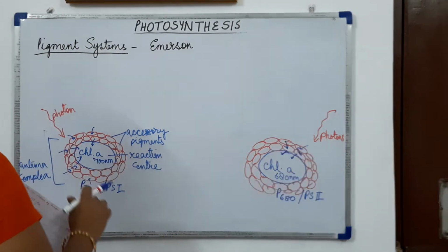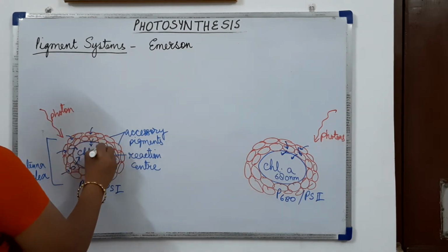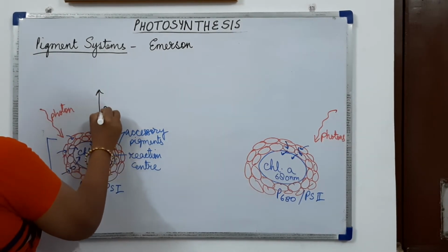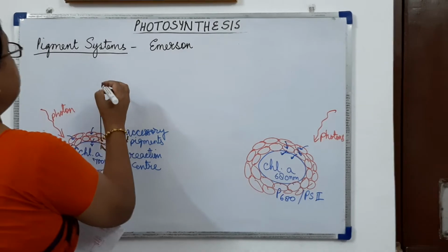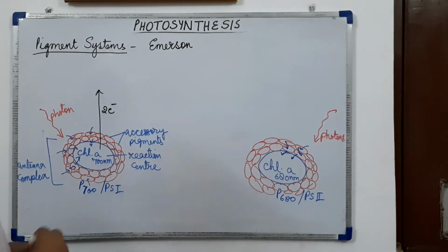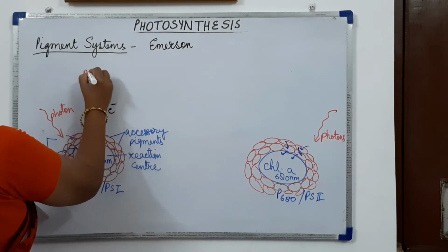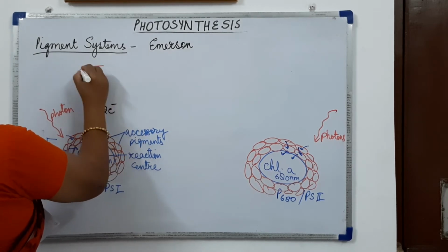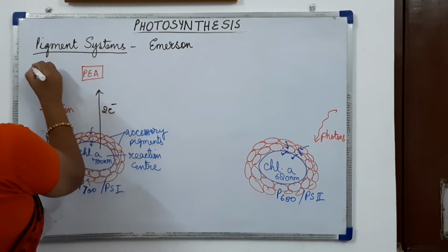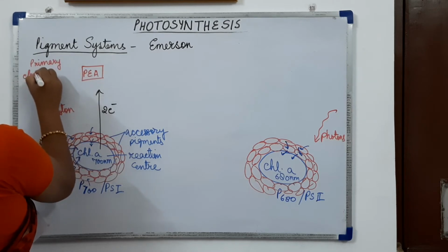Now, once this pigment chlorophyll A gets excited, it releases 2 electrons. When this releases 2 electrons, they are accepted by the electron acceptor. We call it PEA, primary electron acceptor.